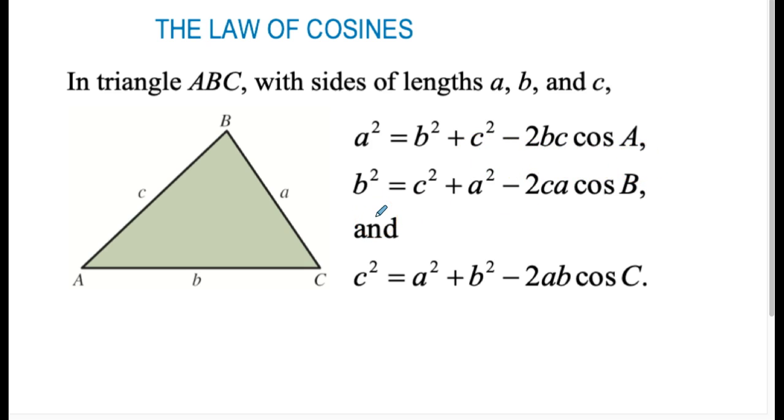What that's saying is, if I know sides b and c and angle a, I can use that to solve for side a. We would have this side squared plus this side squared minus 2 times this side times this side times the cosine of the angle in between. And the same thing is true if we're given c and a or a and b.